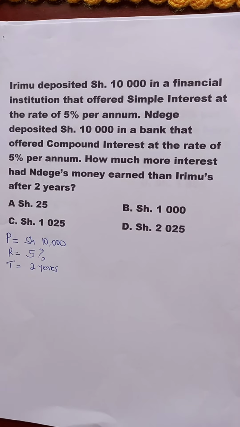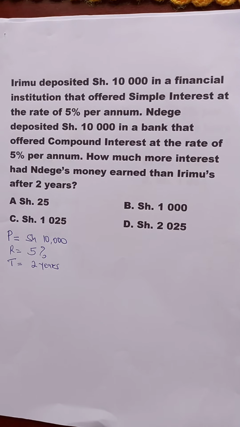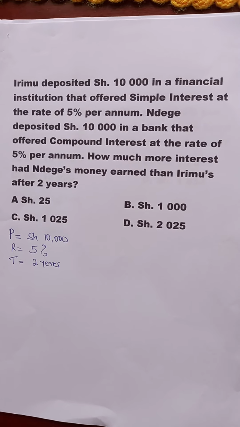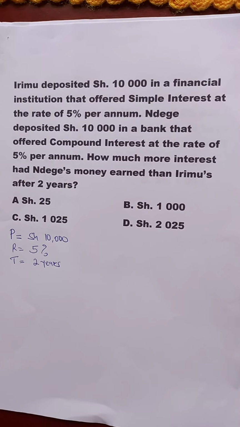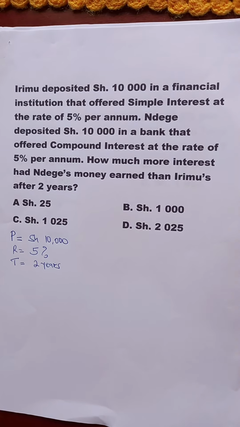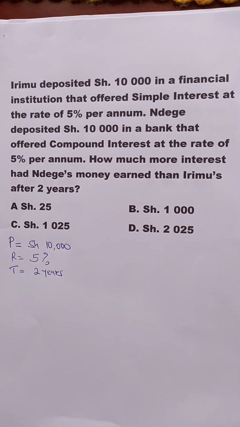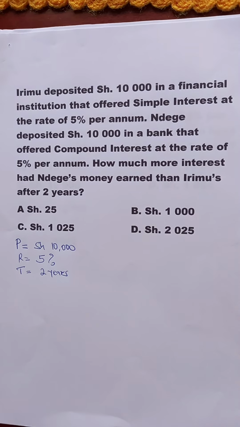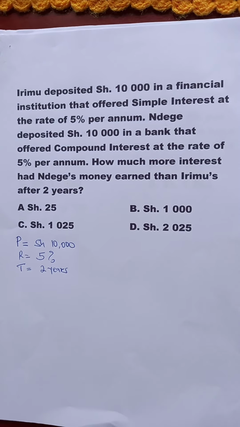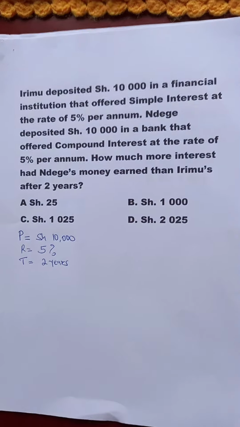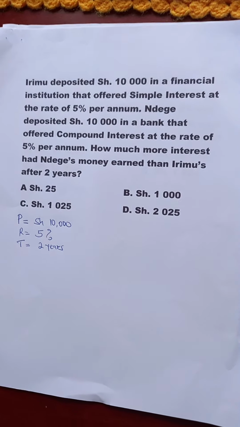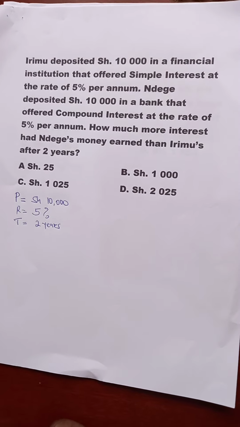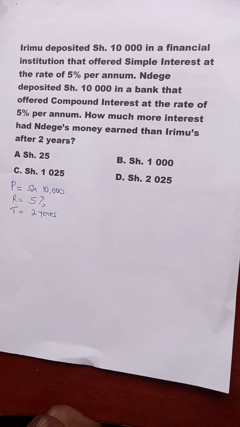Dege deposited shillings 10,000 in a bank that offered compound interest at the rate of 5% per annum. How much more interest had Dege's money earned than Ilimo's after 2 years? Learners, we are going to calculate two different interests. The first one is simple interest for Ilimo, and the second is compound interest for Dege.